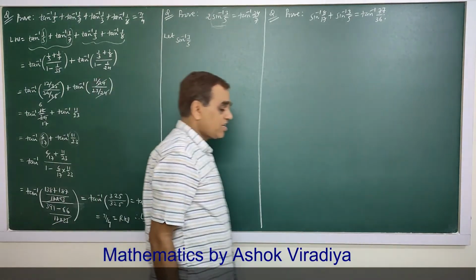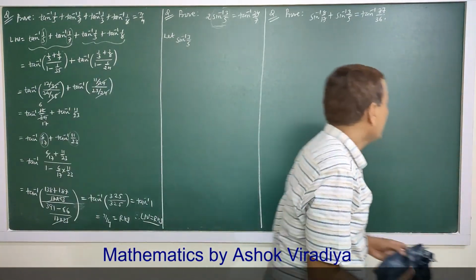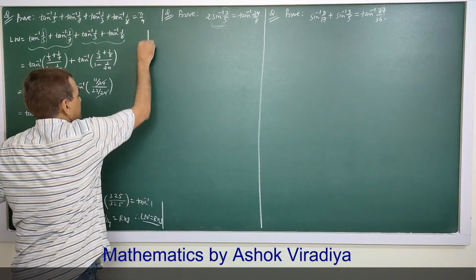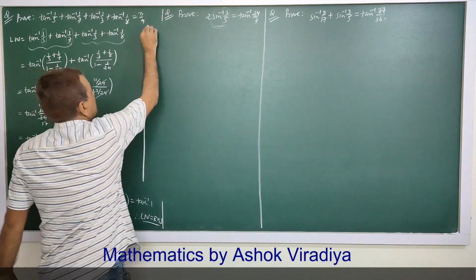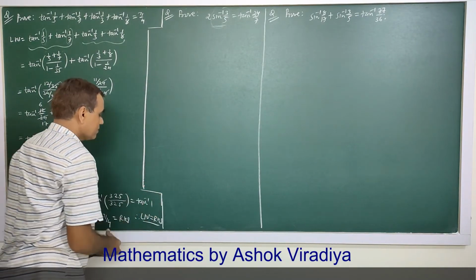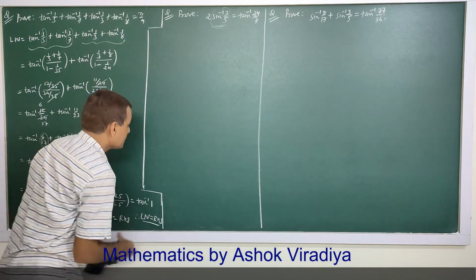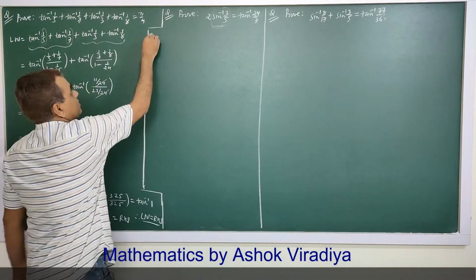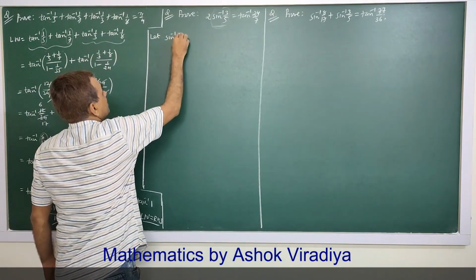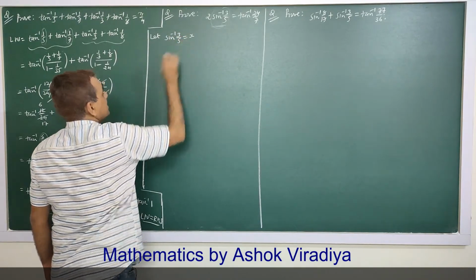Suppose that sine inverse 3 by 5 is equal to x.